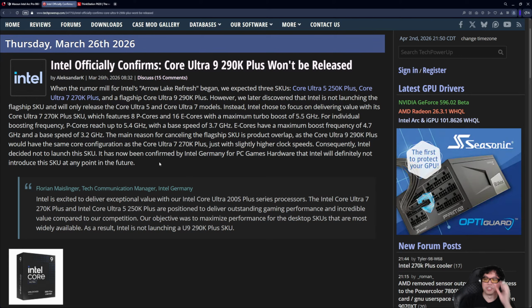NVIDIA doesn't have the best track record in the consumer space since they've moved over to vibe coding. You guys remember when the 50 series launched last year? How many driver problems GeForce had? I remember black triangles in Monster Hunter Wilds. Actually, it was before I had the 5090.